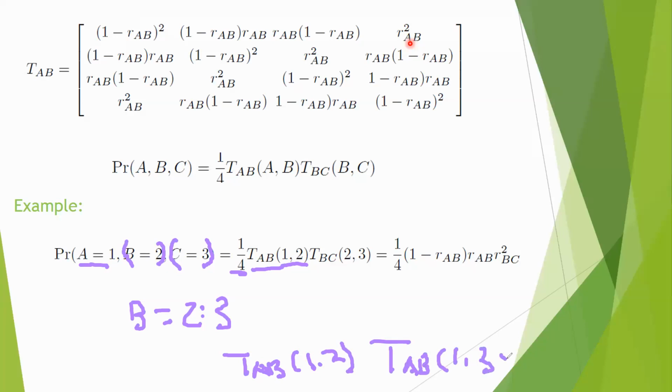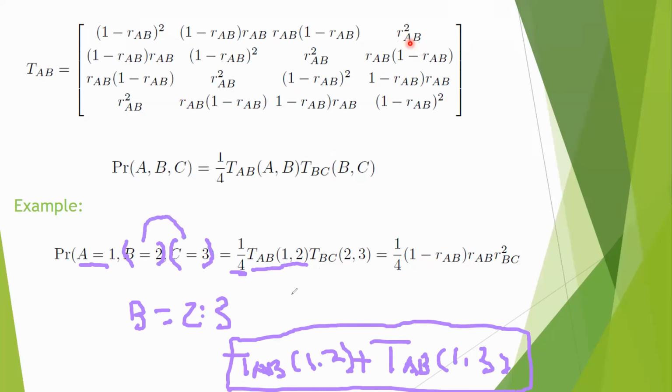Does that make sense? Okay. And so we have to use the sum of this probability together because they are both possible, right? All right. Now from B to C, it's more complicated, right?